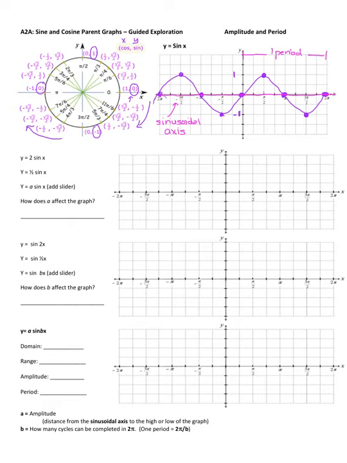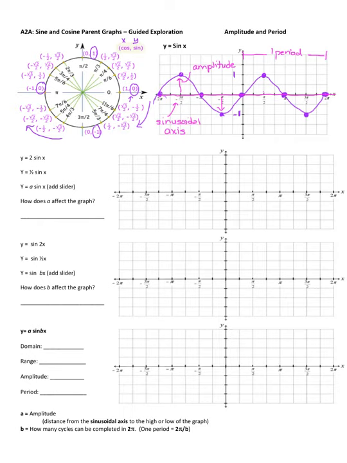It's the axis that runs right through the middle, halfway between the highs and the lows. That distance to a high or a low is called the amplitude. It's like how loud is your graph? Okay, and that's what we're going to investigate in this next set of graphs.